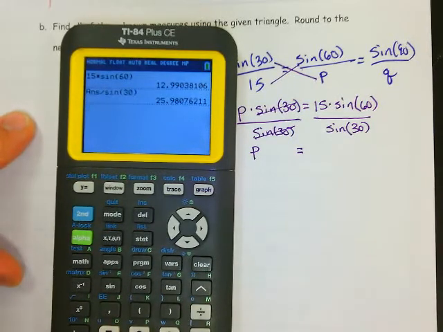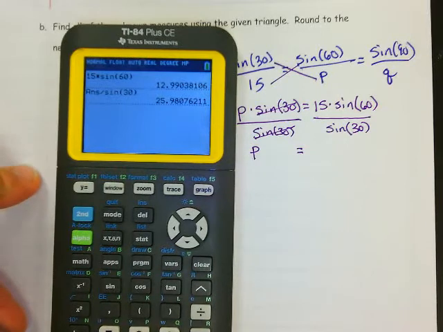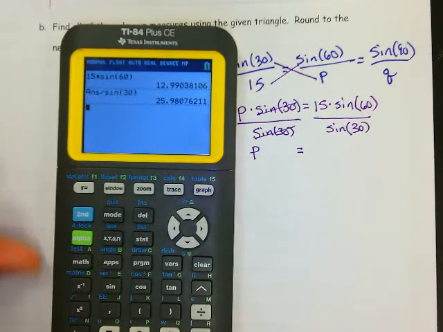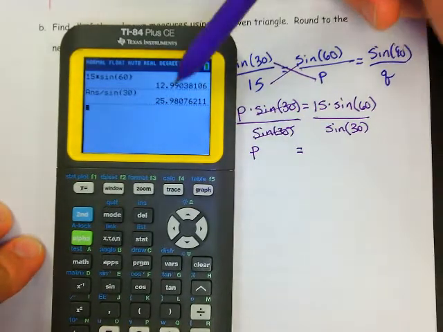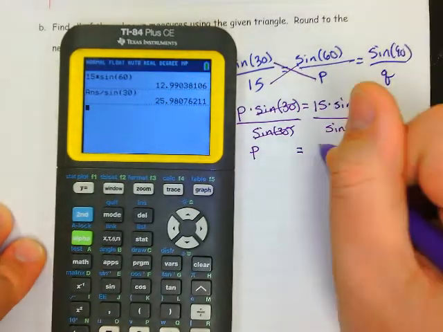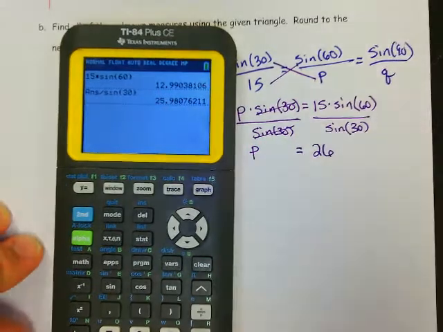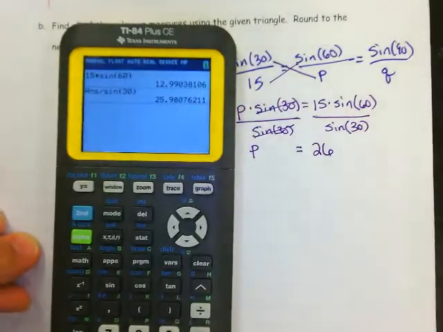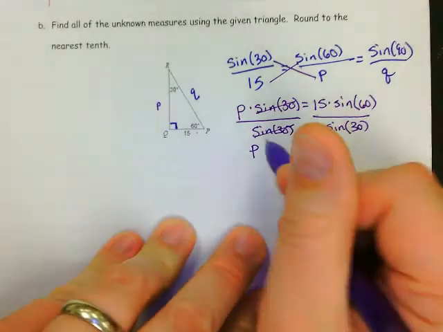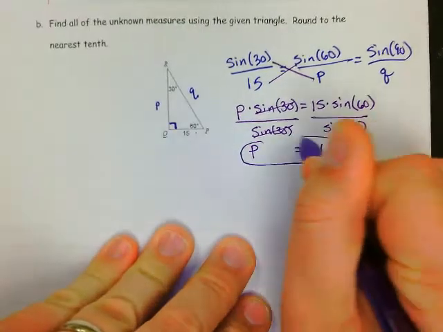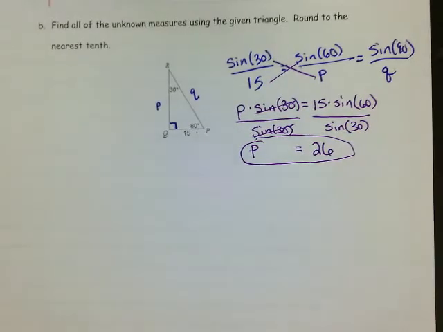Do that in your calculator, and you get 25.98. So if we're going to round that to the nearest tenth, well, the tenth is a 9. That would have to kick it up to 26. So there it is. P is 26.